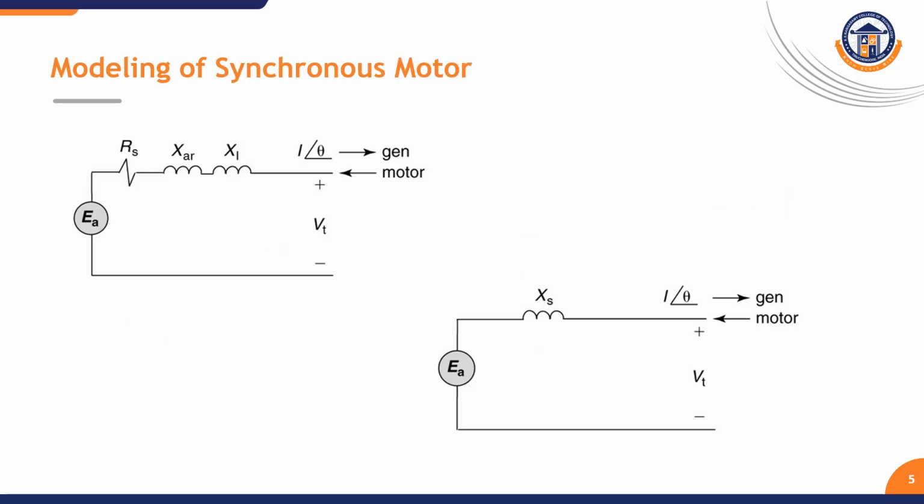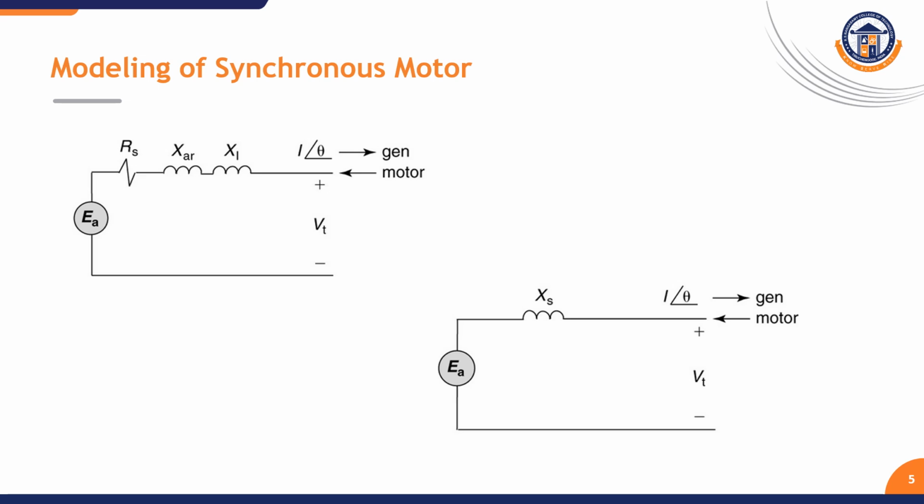The modeling of synchronous motor is the same as the previous one. It also has two components, the armature resistance and the synchronous reactance. For simplicity, we neglect the armature resistance, so it is called the synchronous reactance only.